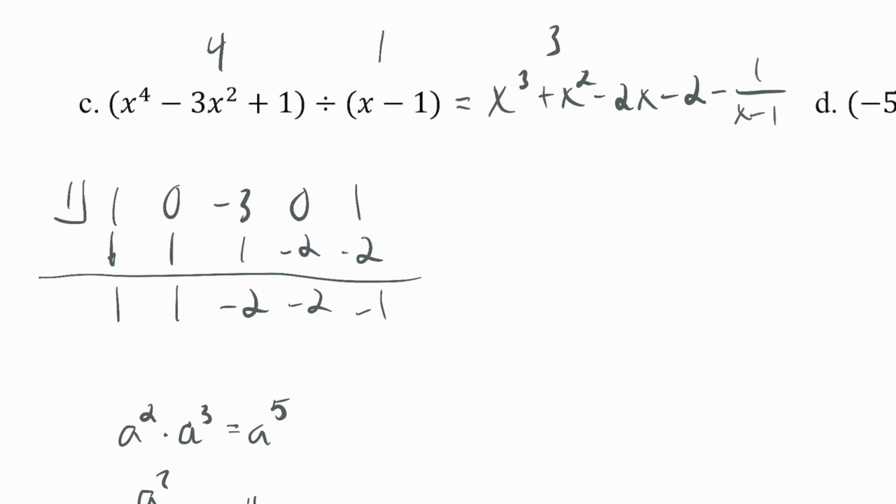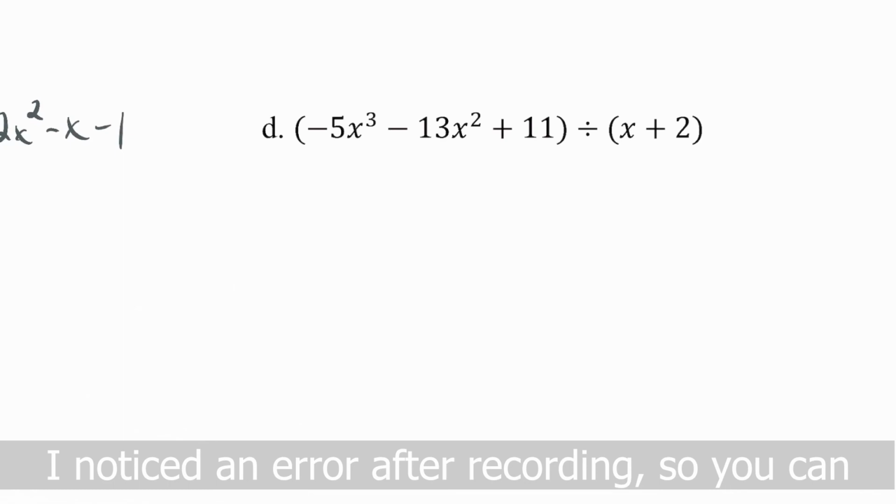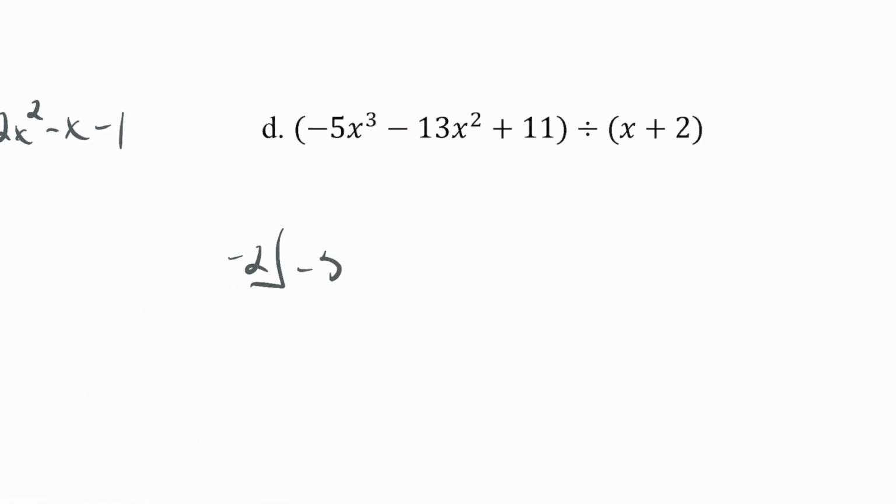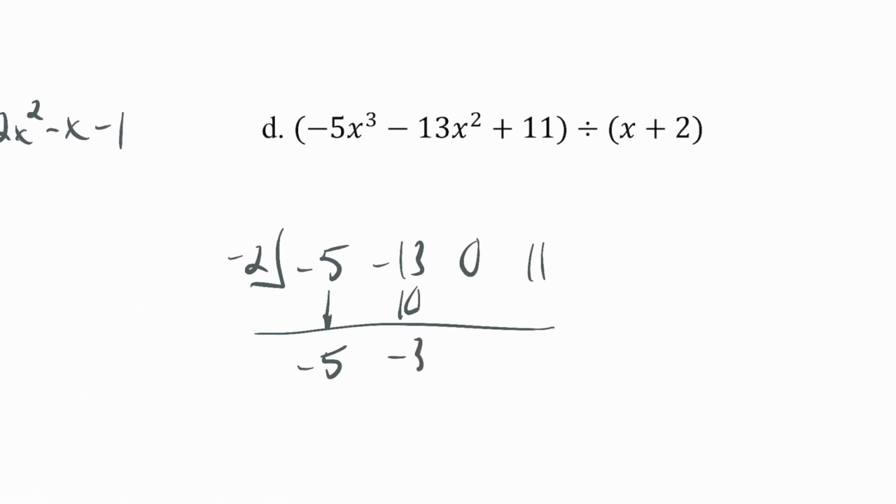Okay. And same thing. So negative 2 would be my 0. Put that in the box. Negative 5, negative 13, and then 0, because there's no linear term, and then 11. Then I can bring down that negative 5. Multiply up, so I get 10. Add down, I get negative 3.